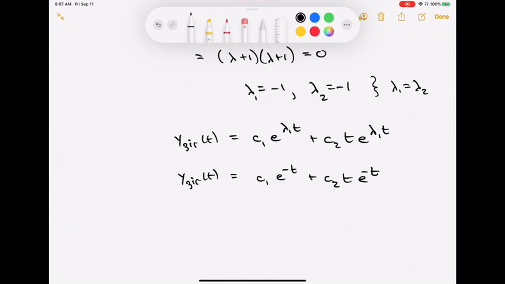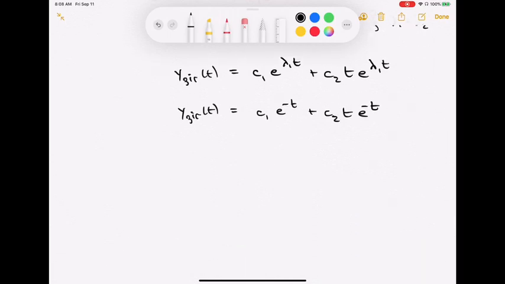What I don't know are these coefficients c1 and c2. The only way I can get these coefficients c1 and c2 is by having initial conditions. So to find c1 and c2, we need two initial conditions.